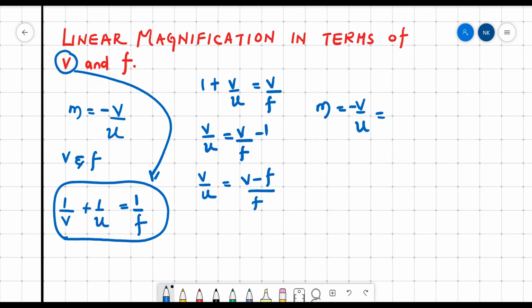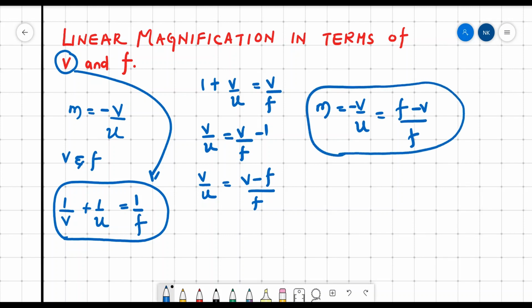Substituting the value of v by u, we will get it as f minus v upon f. So that is how we can have the expression for linear magnification in terms of small letter f and small letter v.